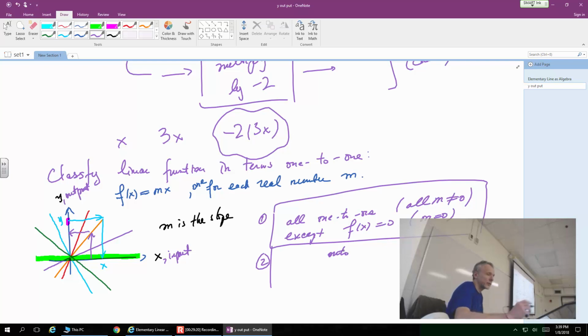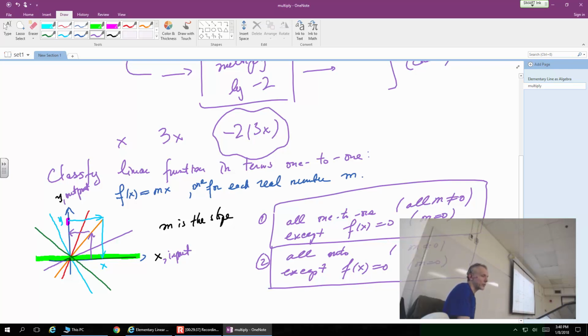All of them are onto, so m not equal to 0, except f of x equals 0. As you can see, classification is a serious issue for functions. For linear functions it's very specific, but it remains this way only in dimension 1.